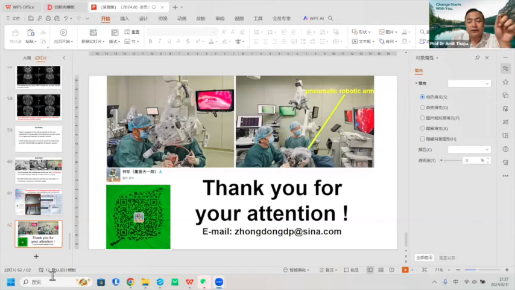So that's not too high. However, if you take the luminosity to 100%, then the temperature may rise as high as 110 degrees. This is for the 4 millimeter endoscope, which is the usual diameter. So that's why 30% luminosity has been considered a safe zone for working with an endoscope inside the CP angle or middle ear cavity.